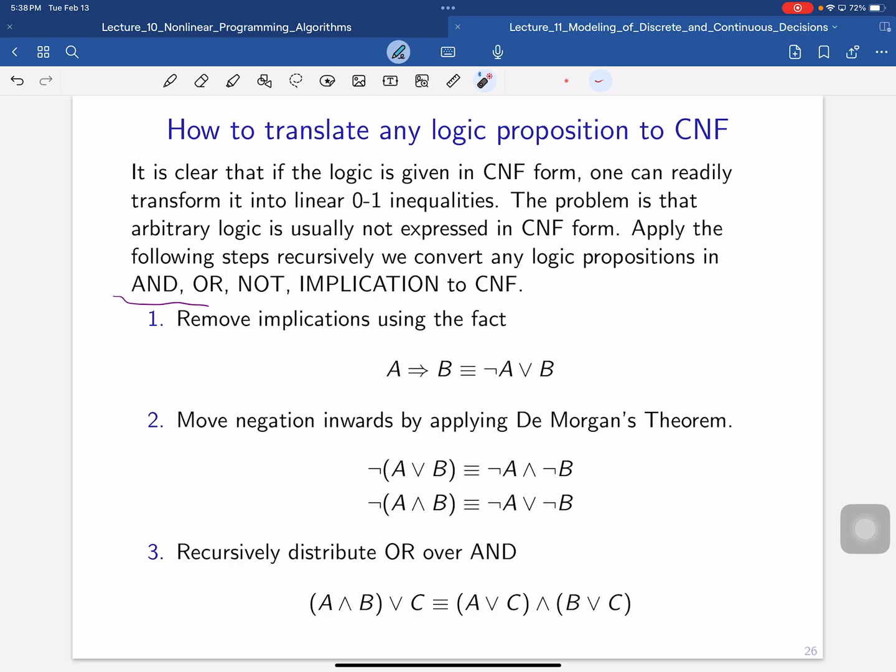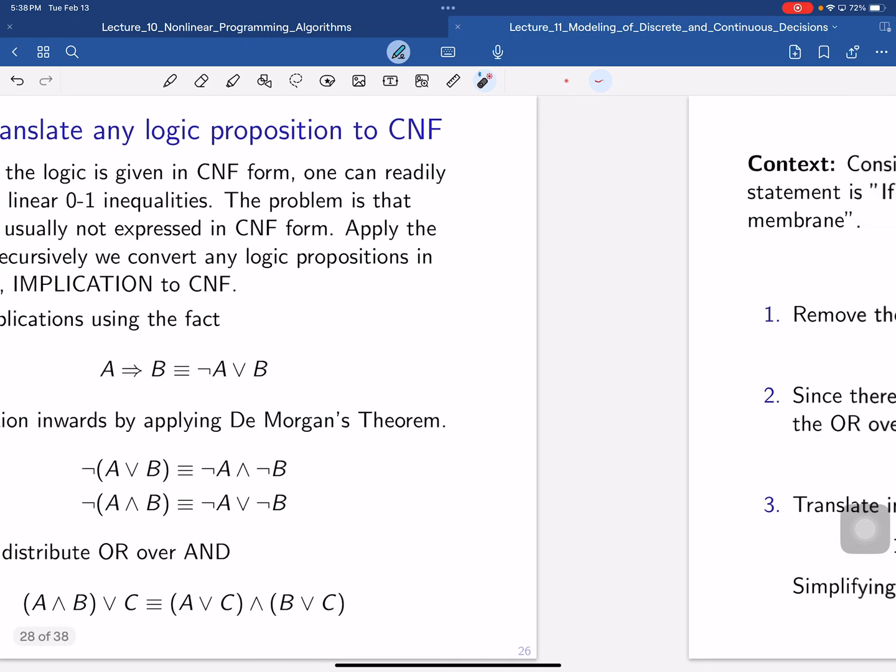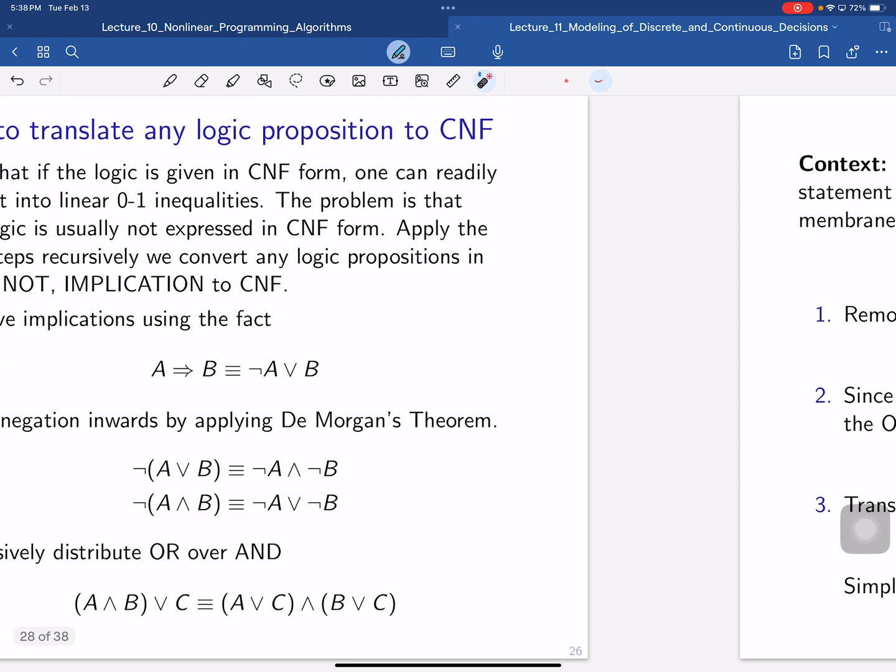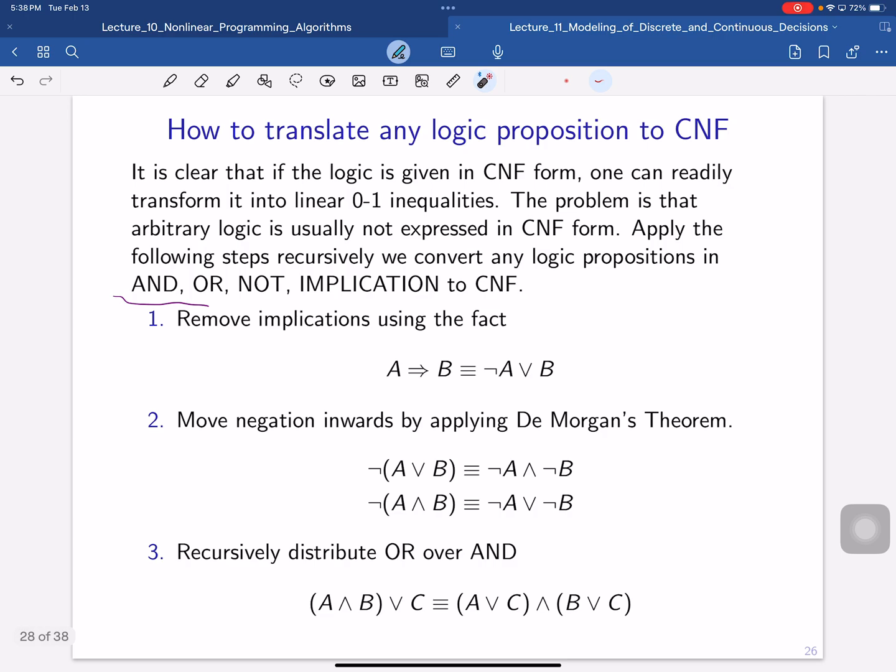So it has been proved that if you apply these 3 steps recursively, then you will always get a CNF. Okay, so now let's show a quick example of how we convert a given problem into CNF.